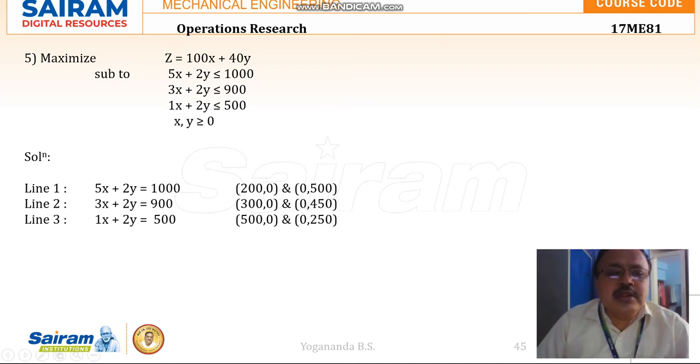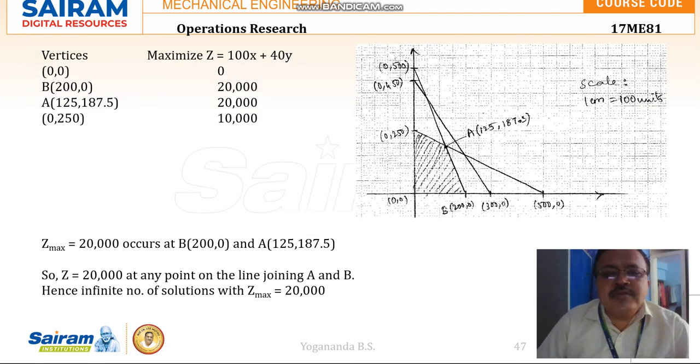Then we have the non-negativity constraint, that is, the basic variables here, x and y, will take the value 0 or greater than 0. So we have three constraints here, so three lines will be drawn.